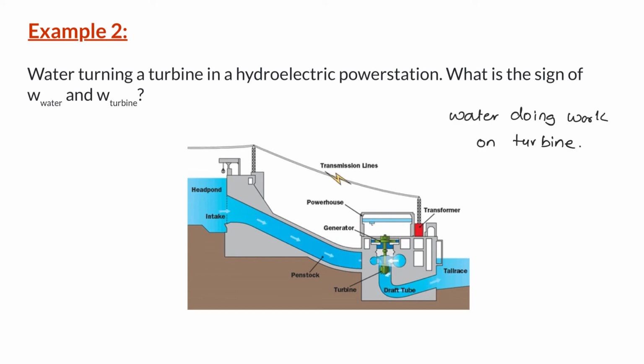In this example, water is doing work on the turbine. Therefore, water loses its internal energy and W water is negative. Work is done on the turbine, therefore W turbine is positive.